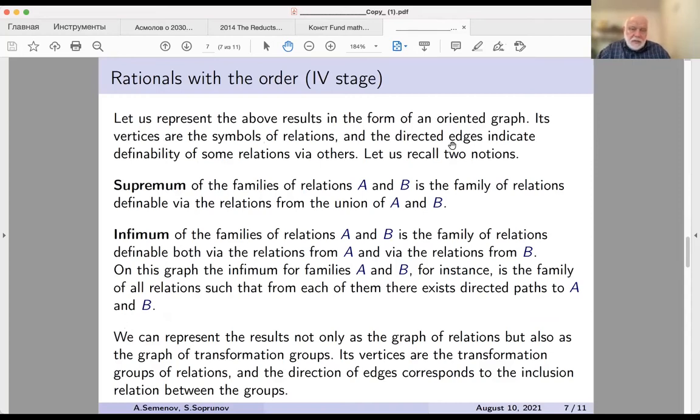Okay, so the fourth stage is easier here, and it's just a full construction of the lattice. You can just look, it's just the definition of what exactly the lattice is, what supremum and infimum are for the members of the lattice. You can stop the video if you need to write down the details of the definitions.